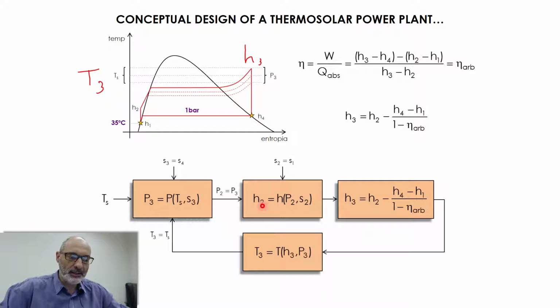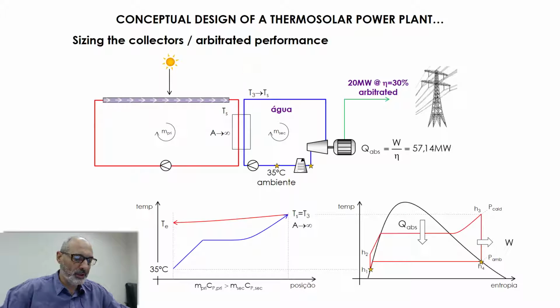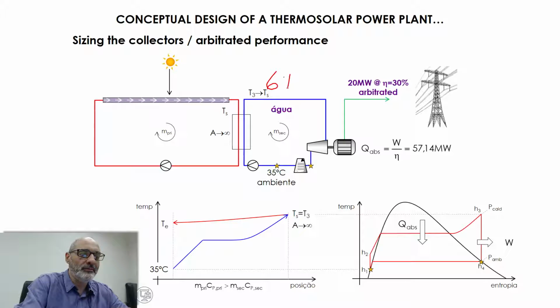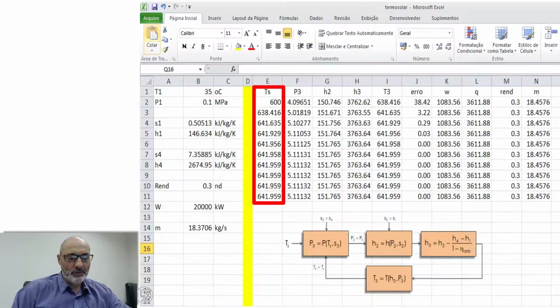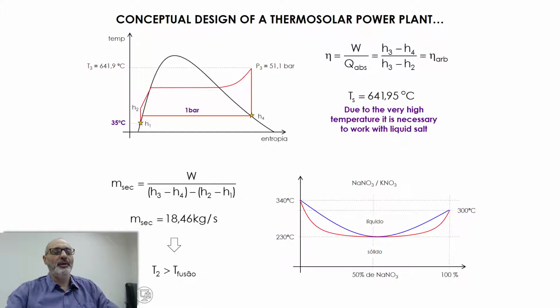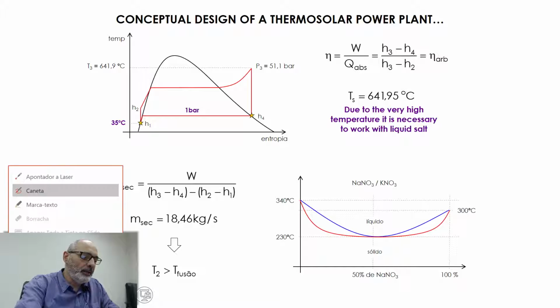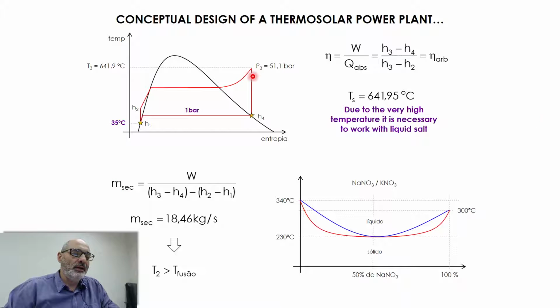So 642 is going to be the temperature here, and the same here, 642 degrees. So we already have an important parameter of our calculations, namely the temperature at this maximum energy point.